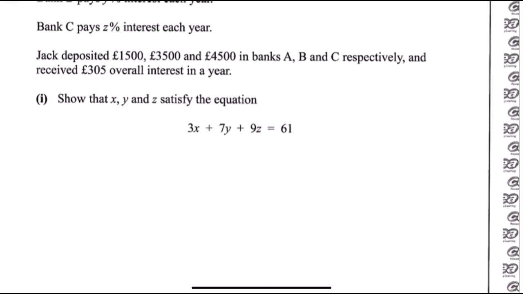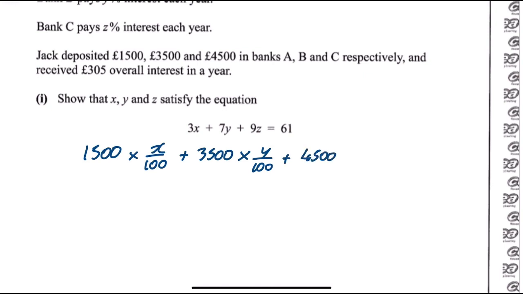So he puts in 1,500 at an interest rate of X%. So that's X over 100. That's how much money he's going to get from that one. Puts in 3,500 into an account with an interest rate Y, so Y over 100. And then 4,500 into an account which has an interest rate Z, so Z over 100.